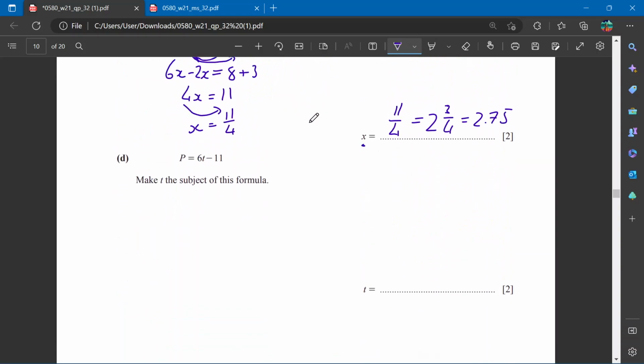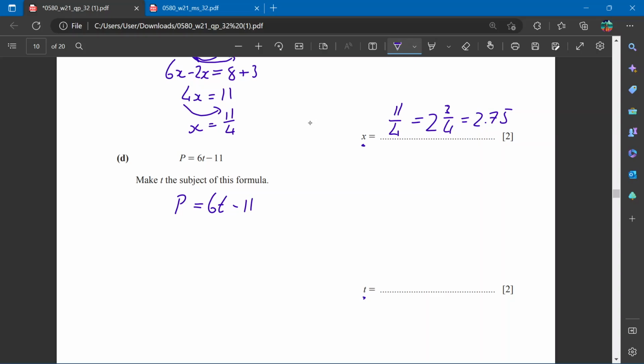Now, question D, make t the subject. It's kind of the same as what we just did, but now we just get the t alone, and we're not solving it. So again, we got p equals 6t minus 11. We need to move the minus 11 and 6 to the other side. Always start away as far as possible from the t.